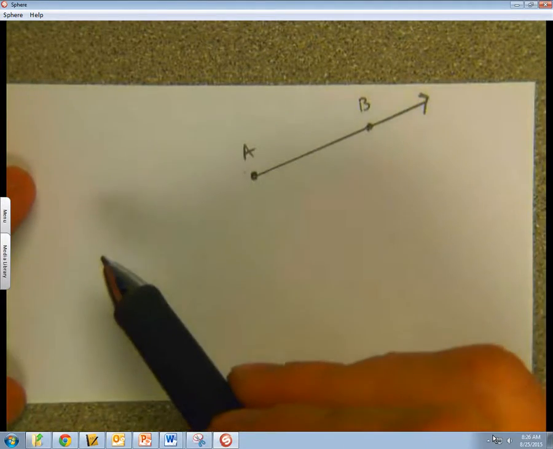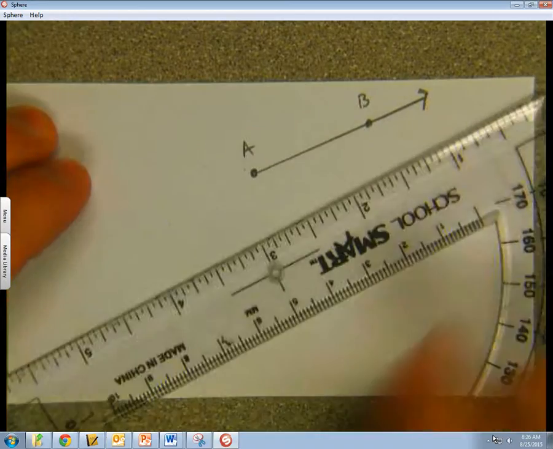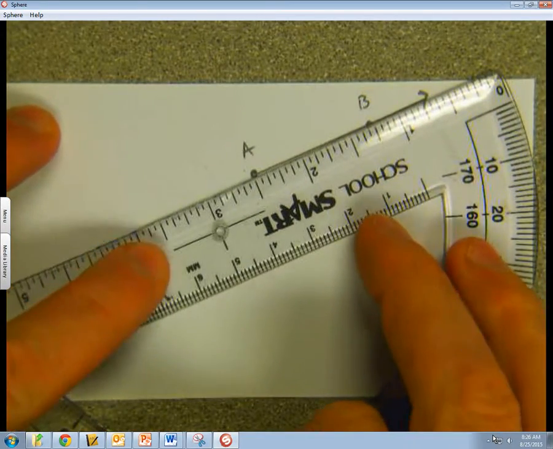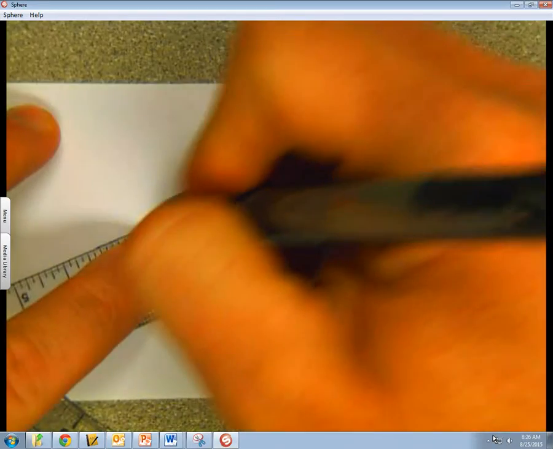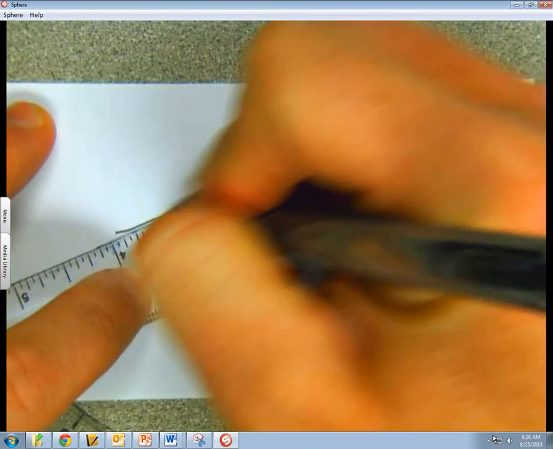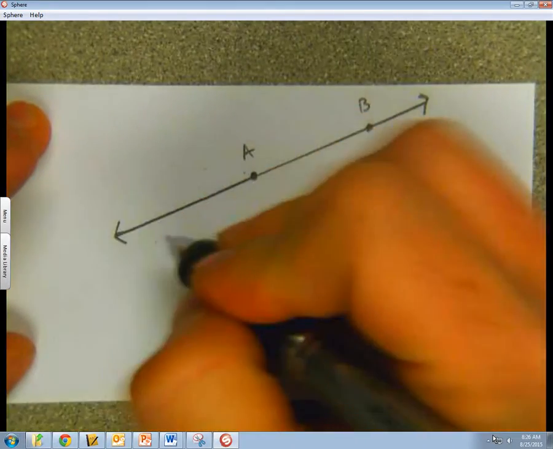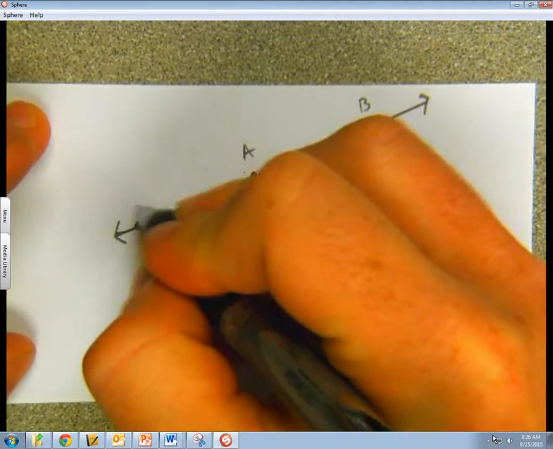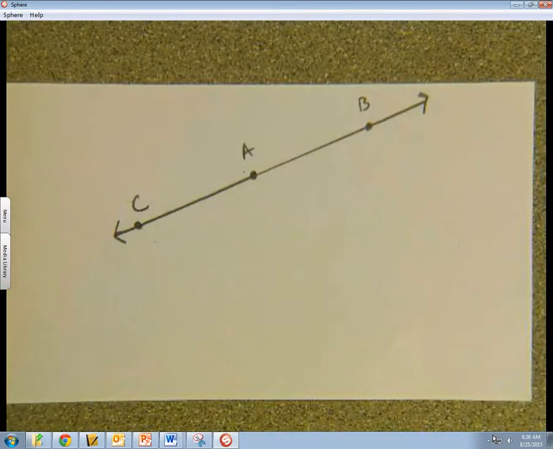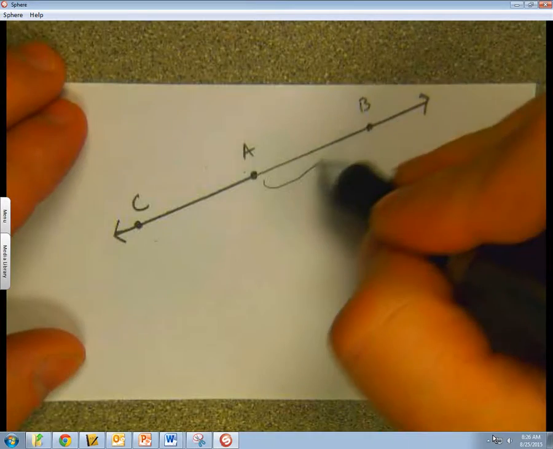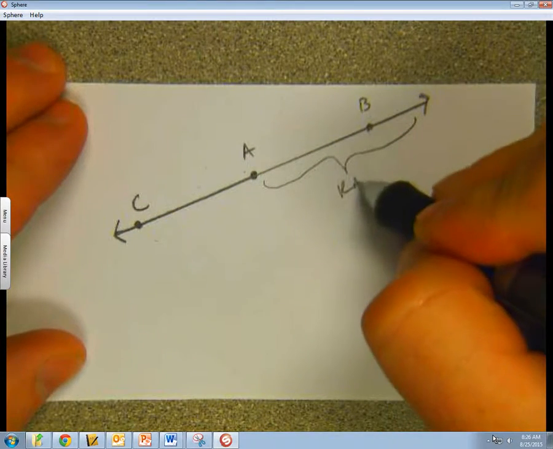So go ahead and put our straight edge back on there. Alright, and I'll go ahead and extend this out a little bit. Go ahead and draw this, and I'm going to label this point C. So what do I have now? Well, I have a ray here, and I've got my opposite ray here.